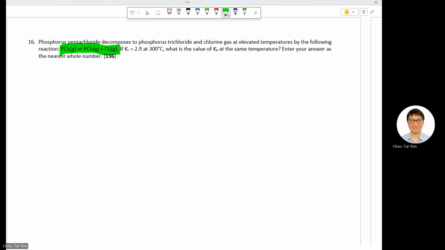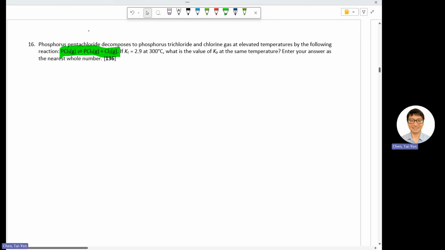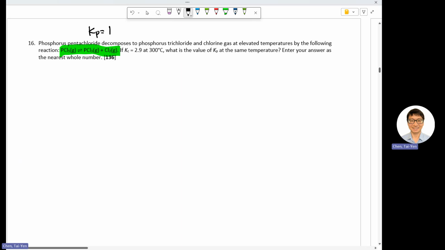Okay, so here you see the Kc shows up, the Kp shows up, right? This is a Kp to Kc conversion type question. Therefore, you know the equation you want to use is Kp equals Kc times RT to the delta n power. Right?